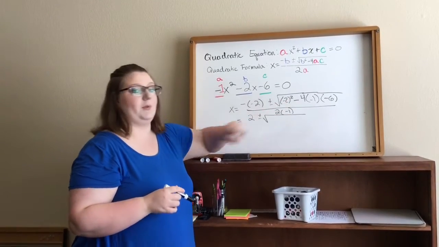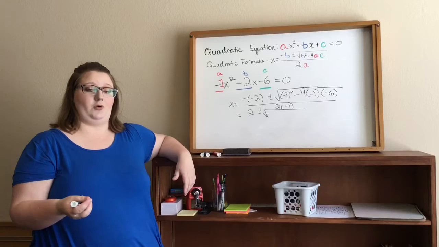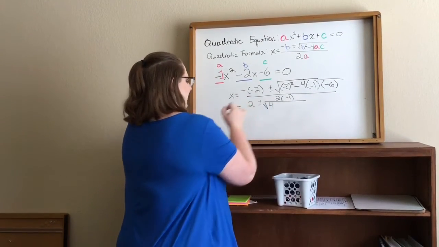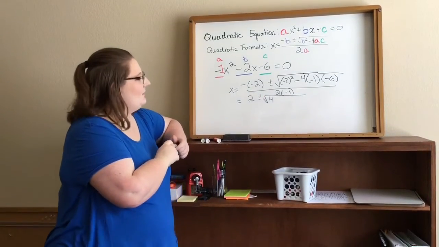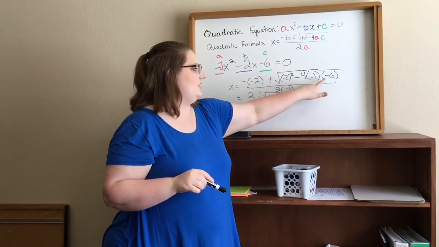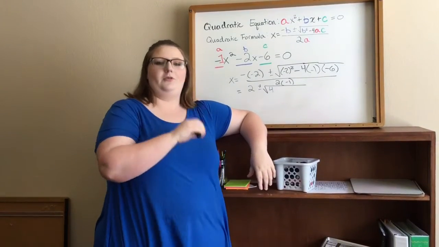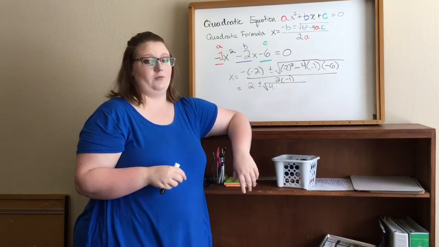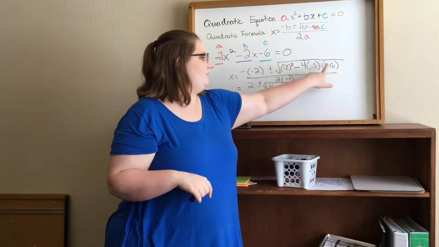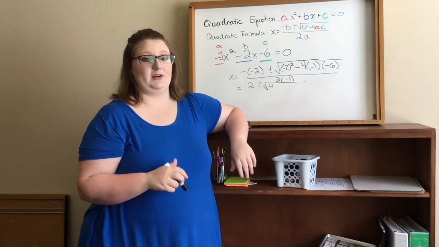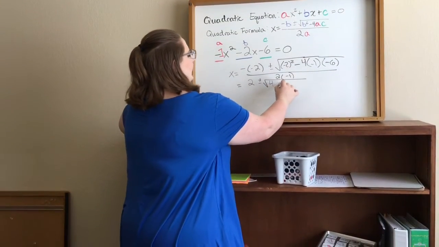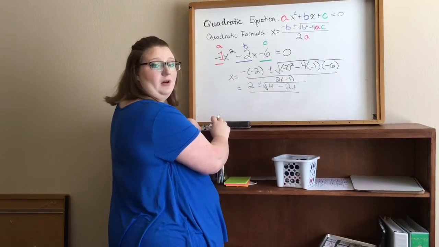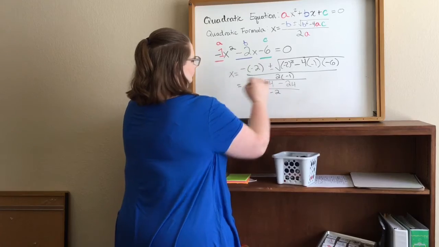Negative 2 squared means negative 2 times negative 2, which gives us a positive 4. Then we have negative 4 times negative 1 times negative 6. One step at a time, negative 4 times negative 1 is positive 4. Positive 4 times negative 6 is negative 24. So we have 4 minus 24, all over 2 times negative 1, which gives us a negative 2.